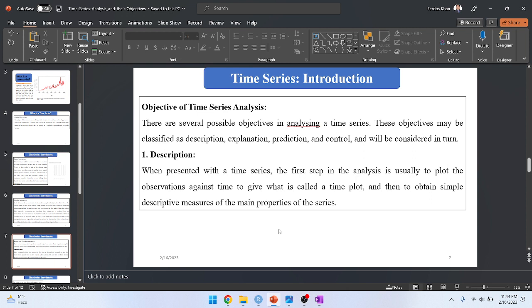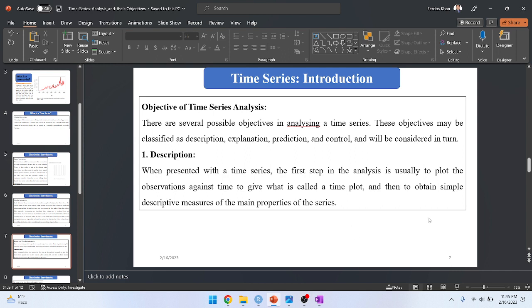When presented with a time series, the first step in time series analysis is usually to plot the observations against time to give what is called a time plot, and then to obtain simple descriptive measures of the main properties of the time series. So the first objective is description of the data.